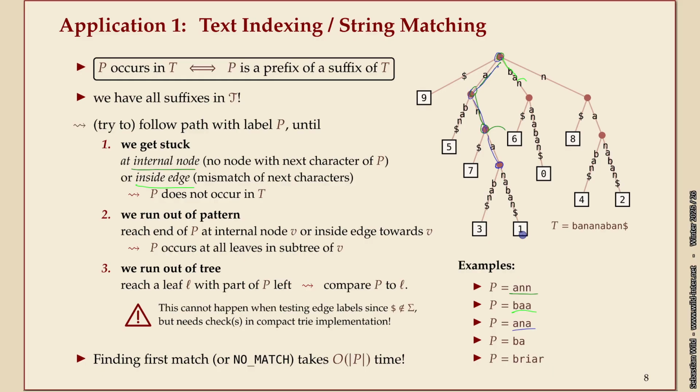In particular, if you want to find a first match, or well, one match, we can again follow this dotted pointer to the leftmost leaf. Then that position 3 is the starting index of an occurrence of that pattern. So again, I can find this one in constant time.